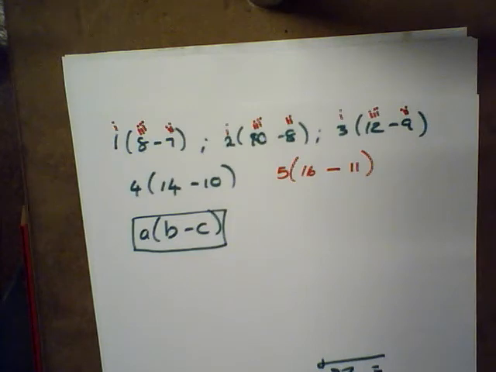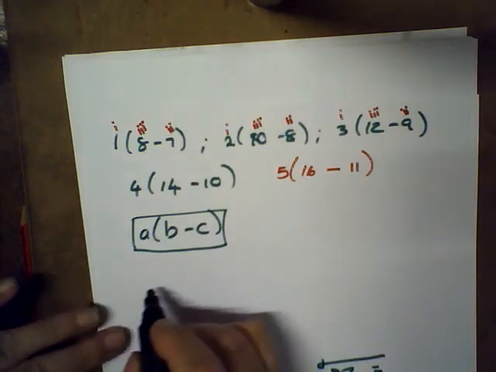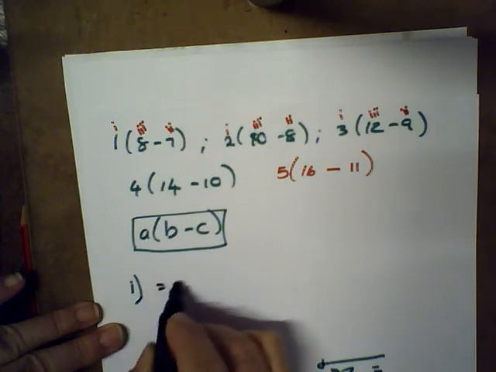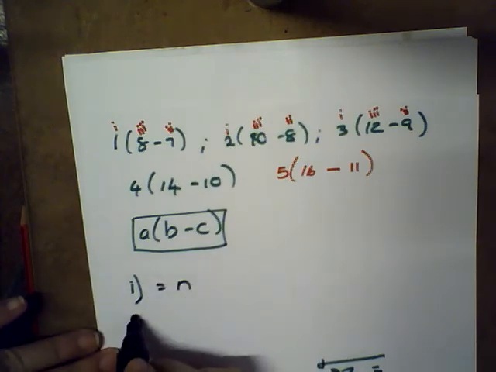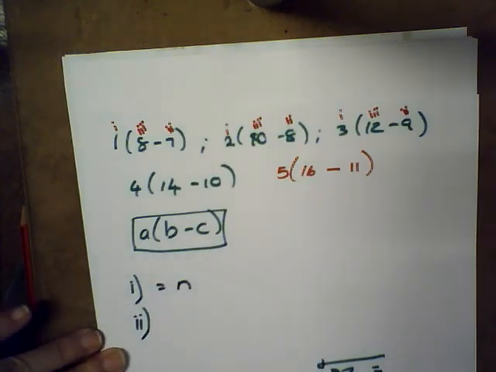Okay, write down the 10th term in the form A, B minus C, where A, B, C are integers. This is going to be a little bit more interesting. I know the nth term for my first sequence was n. For my second one, we had n plus 6.